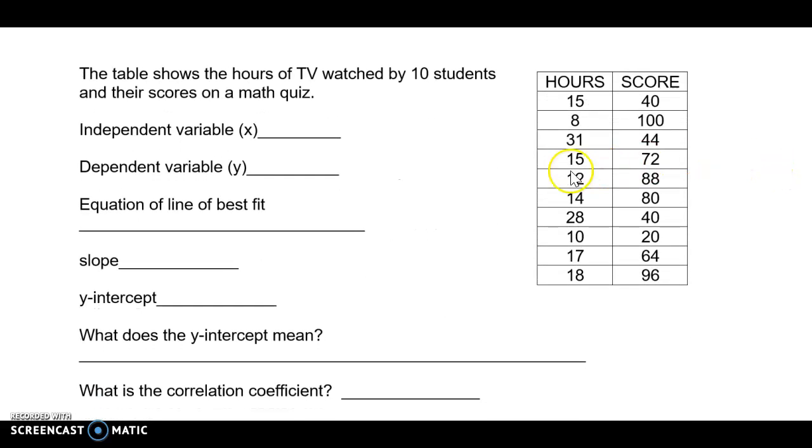Okay, we have a table, and this table shows the hours of TV watched. We want the independent variable X, so this is hours, and the dependent variable, score. We need the equation of the line of best fit, and for this one we are going to do Desmos. So I'm going to pause it and open up Desmos.